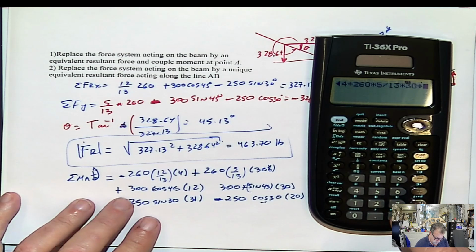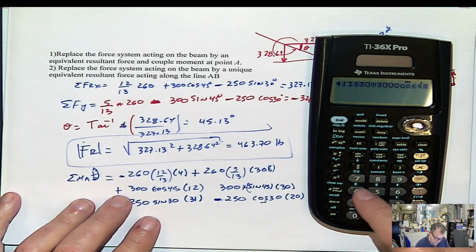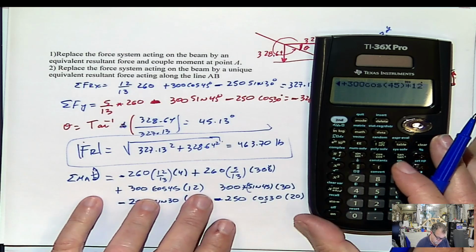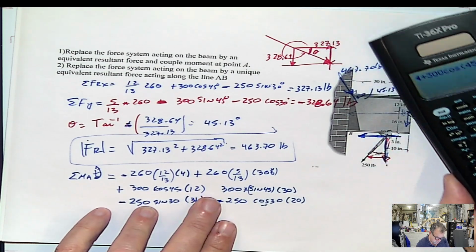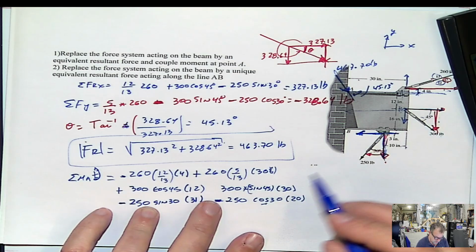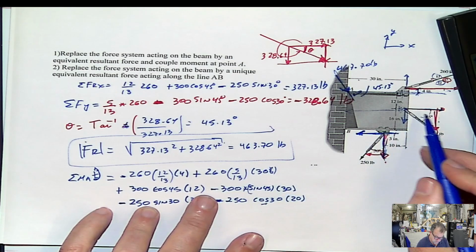Plus 300 cosine 45 close parentheses times 12. And I didn't put the sign for this one. Oh, smart. Which one was this one? This one was negative. This one, negative.